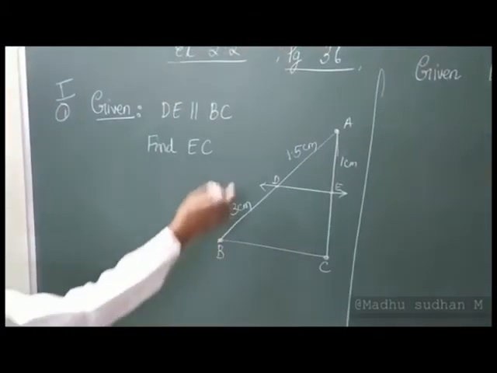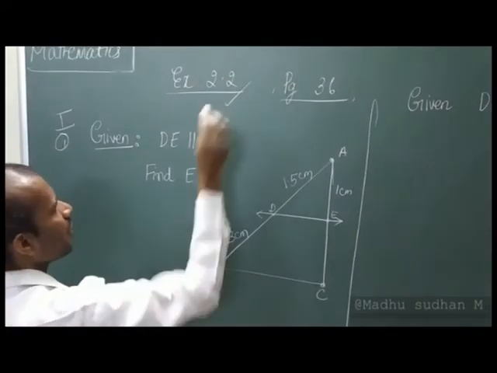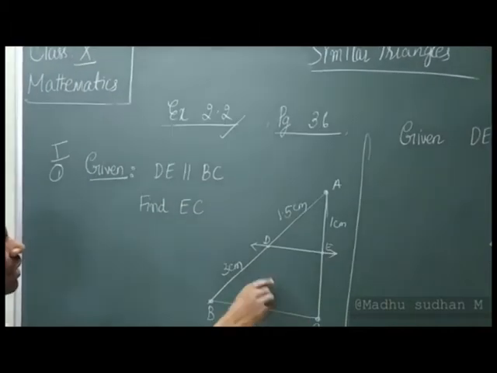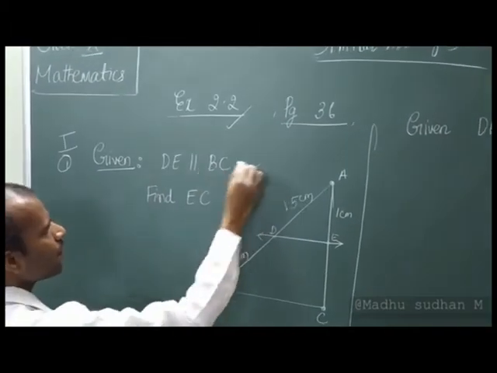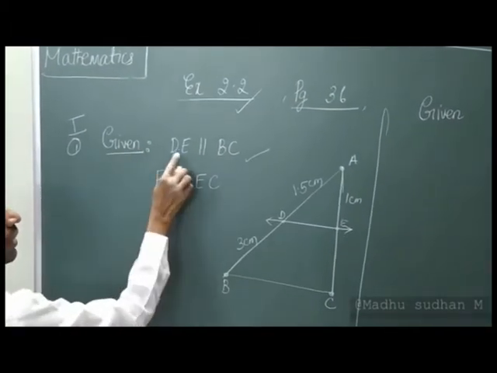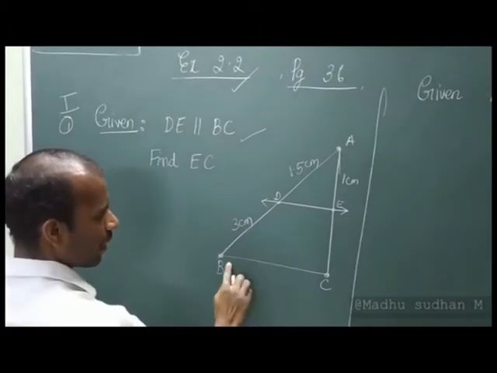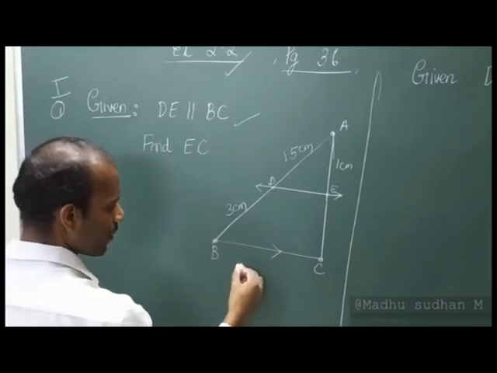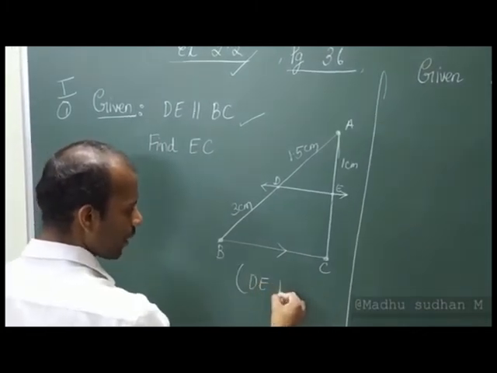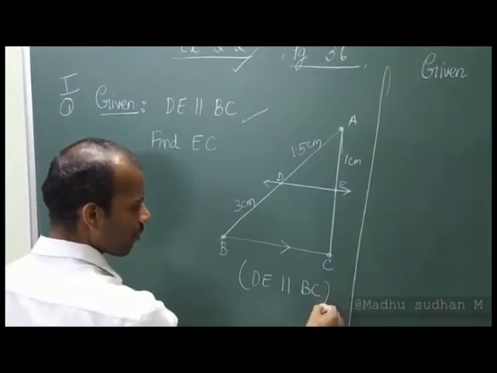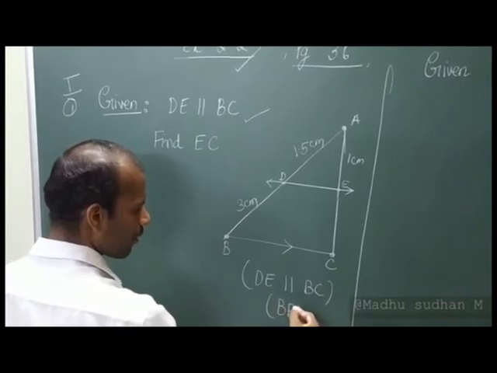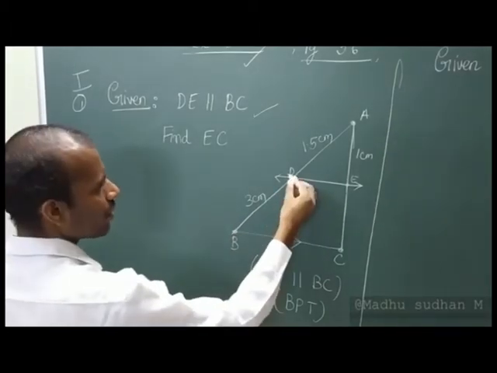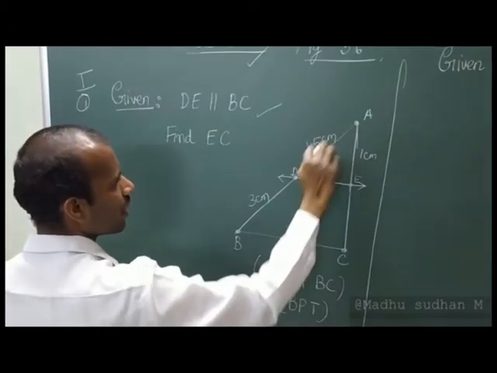So moving to the next exercise, exercise 2.2, page number 36. In the given figure here, DE is parallel to BC is a given part. So let us write this: DE is parallel to BC. So when DE is parallel to BC, we can make use of BPT, right? We can make use of the proof of BPT. So what is the proof of BPT? Start from this point, the upper DA.